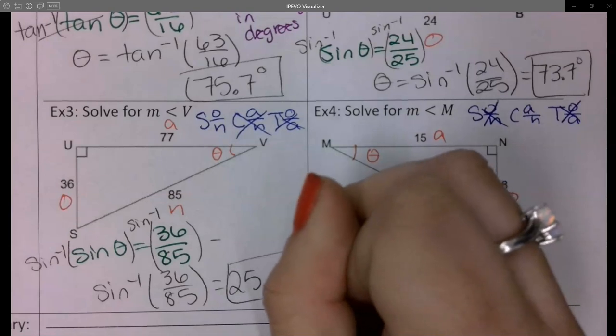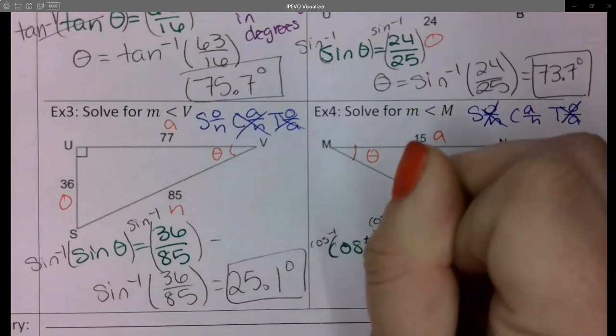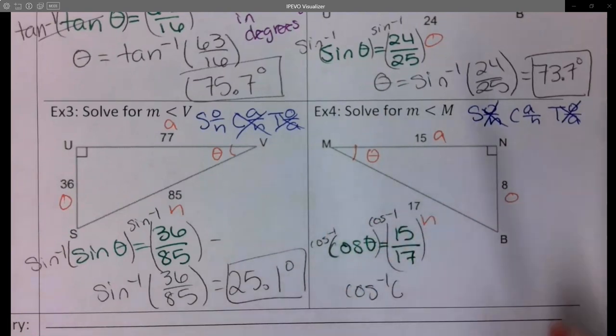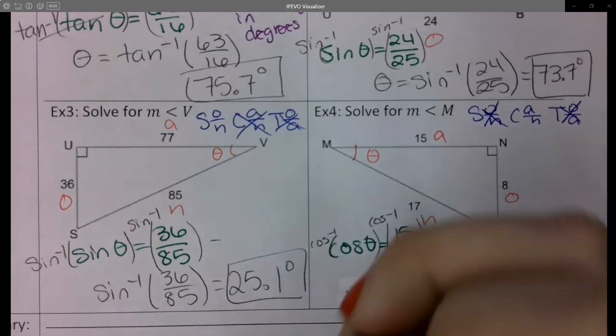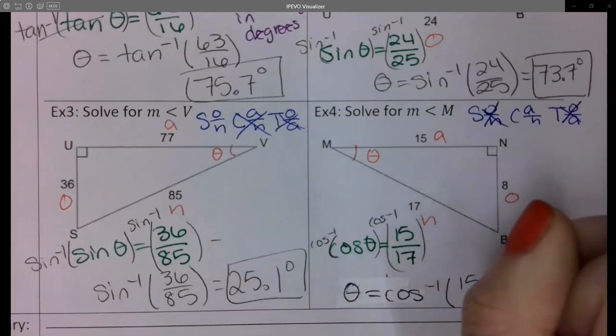Then I want to use inverse cosine. Theta equals cosine inverse of 15 over 17.